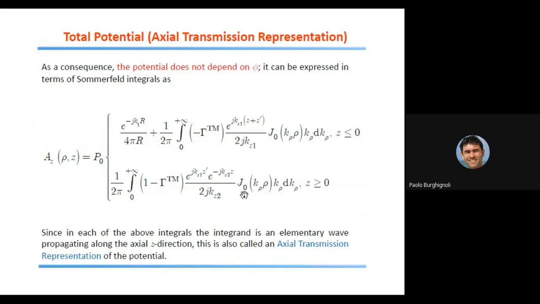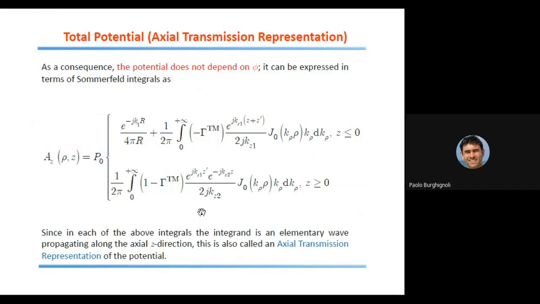As you may remember, Bessel functions asymptotically behave like trigonometric functions, cosines and sines. Whereas with respect to the vertical direction, we have complex exponentials, which are typically used to represent propagating waves. So for this reason, this kind of representation is also termed an axial transmission representation. The elementary waves involved as integrands in this representation are waves that propagate in the axial direction, that is, the direction of the vertical axis z.